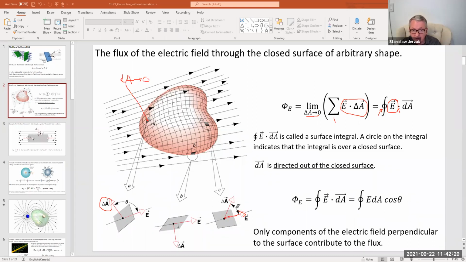So this angle would be smaller than 90, and the flux through this little area would be positive, right? Because the cosine of an angle less than 90 is positive.